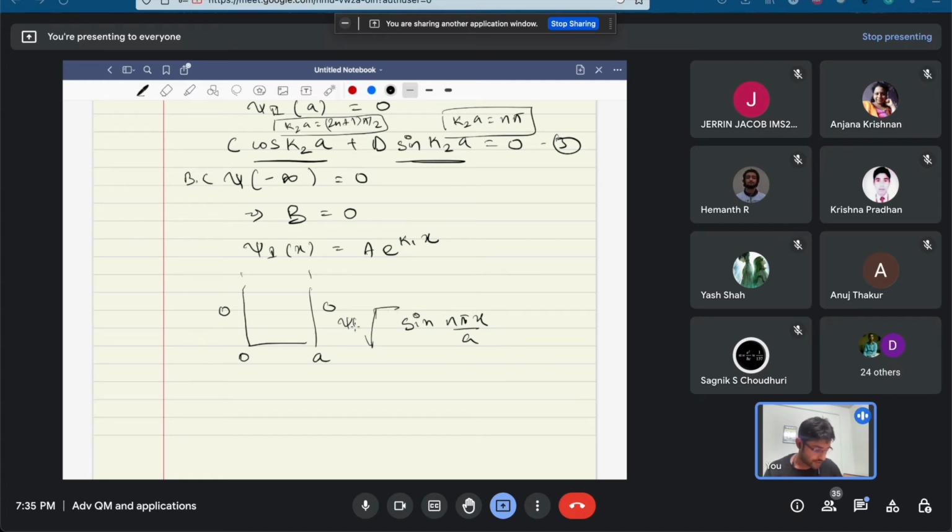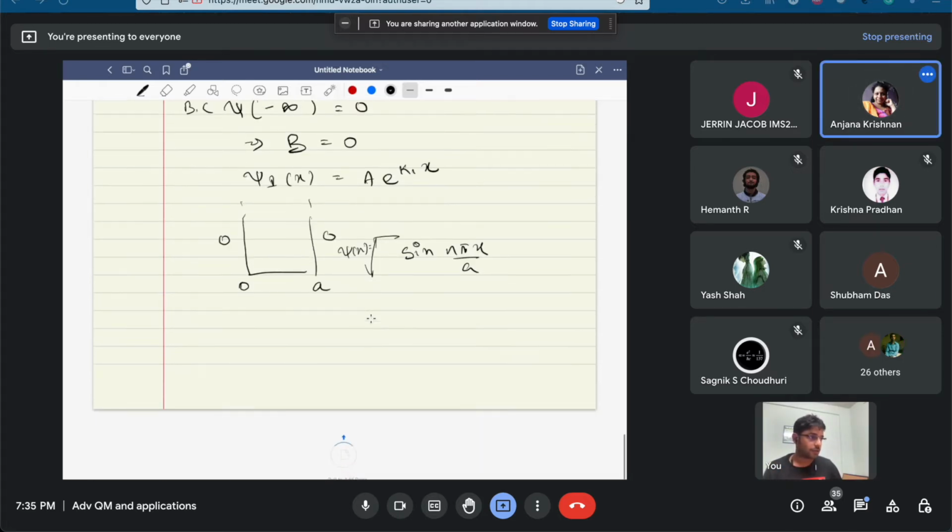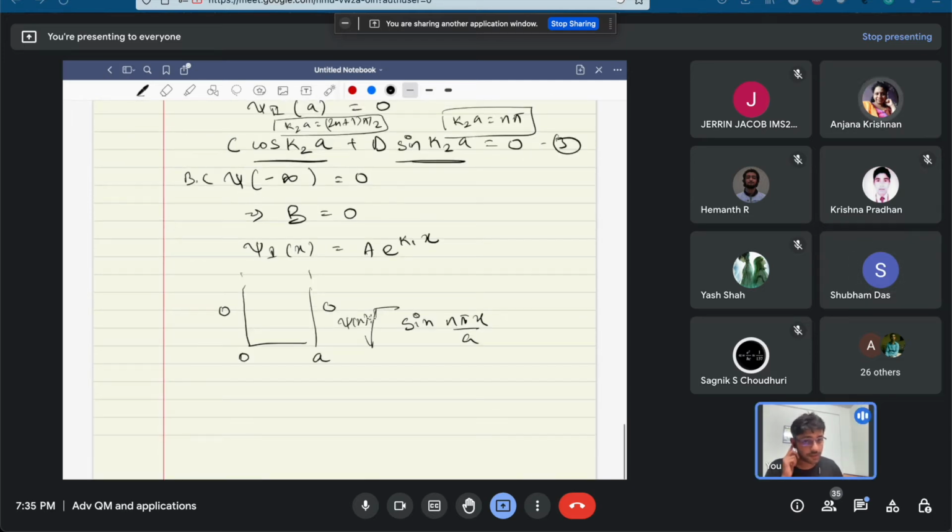So the wave function is definite because there is only a single unique solution here. But when you have a different number of coefficients, it's possible to have not a single unique solution, but multiple solutions for the same case. So is that understood?